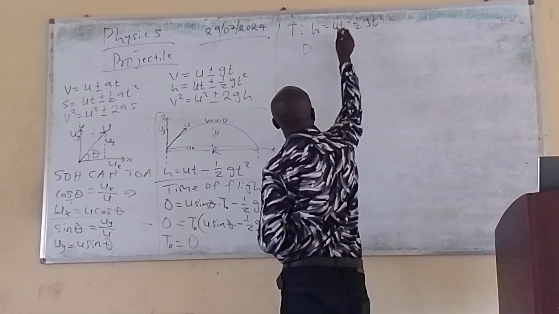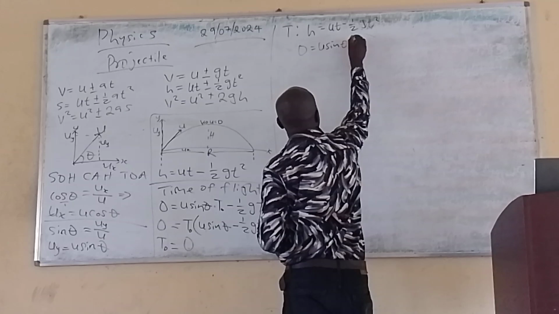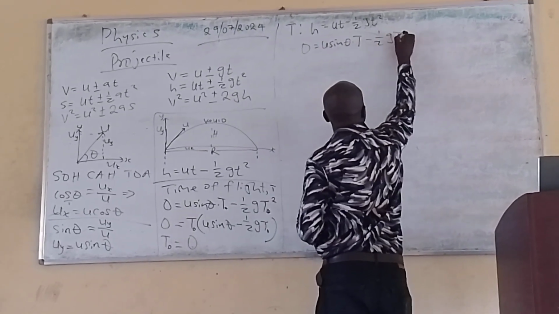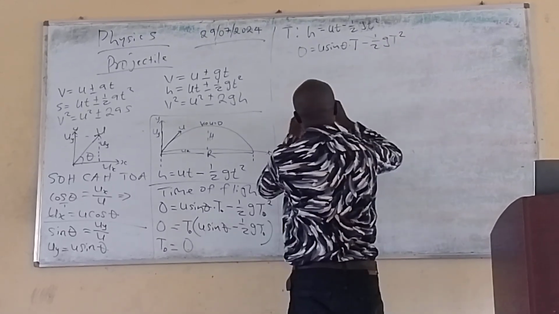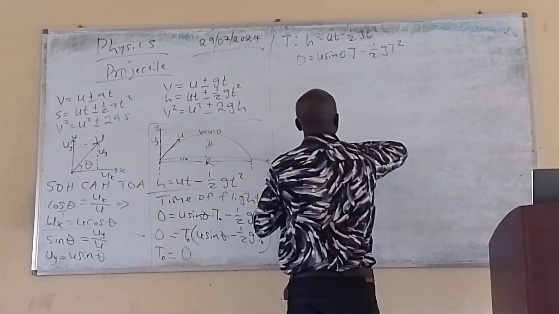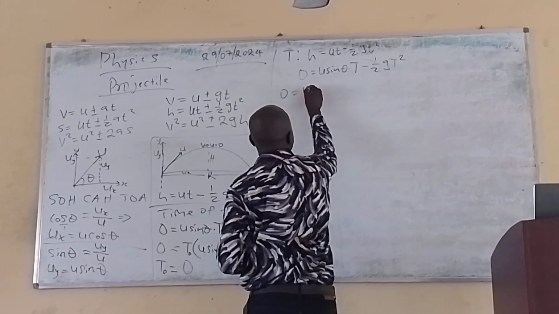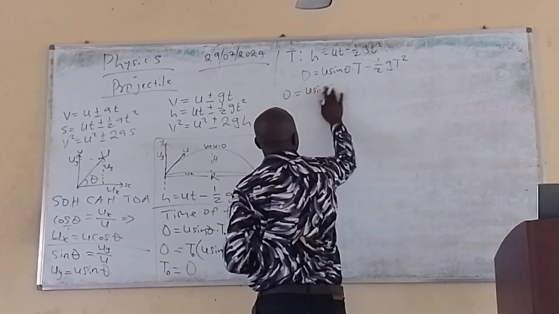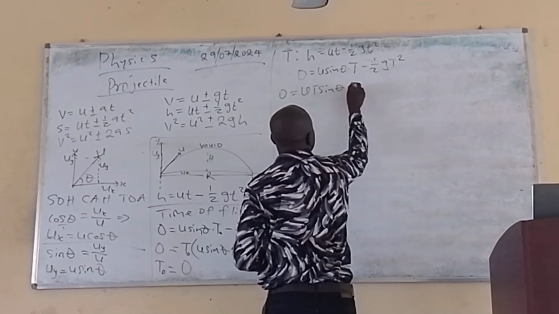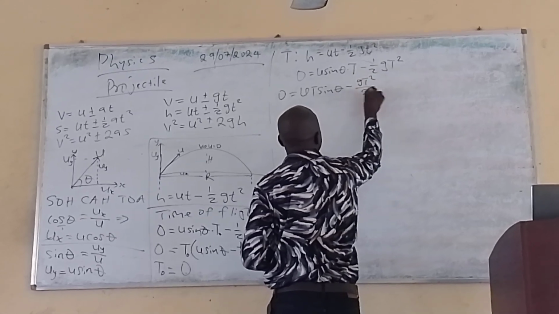Here we have 0 equals u sine theta dot t, the capital letter T, minus half g t squared. So you can say 0 is equal to u t sine theta minus g t squared over 2.